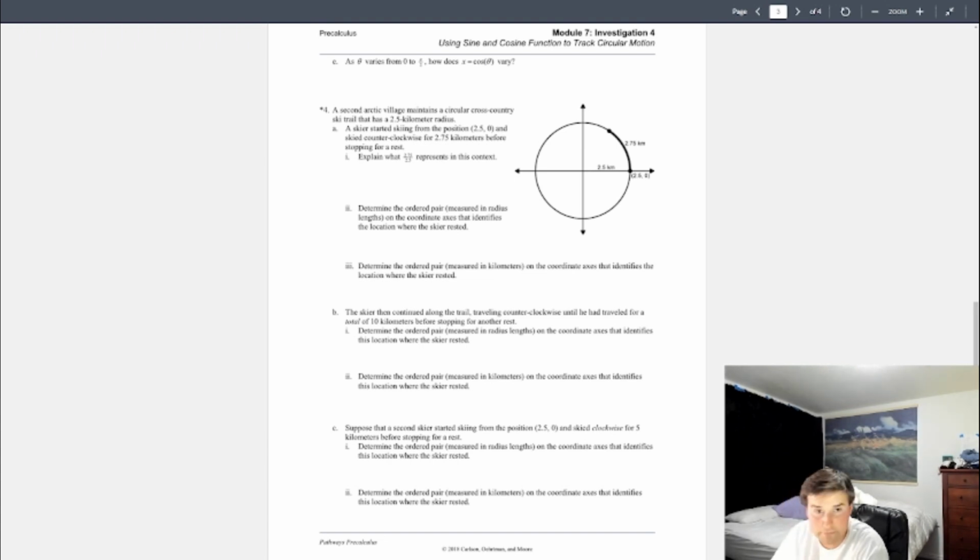Cosine of 1.1 is 0.45. So it would be 0.45, 0.89 in radius lengths. Okay. I think, yeah. Okay. I'm going to make sure that's correct with the professor.